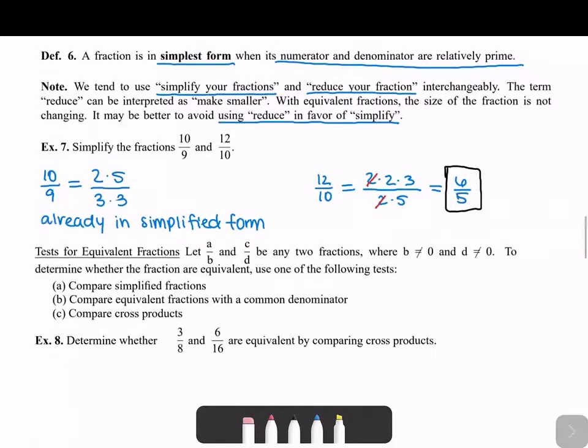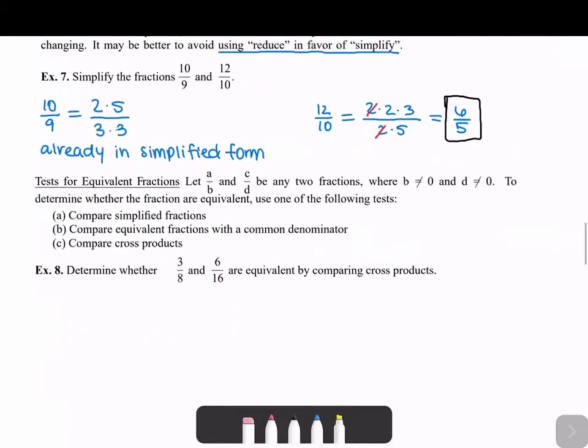Now let's look at some tests for equivalent fractions. If we have a over b and c over d as two fractions, we can do some different things to compare the value that they represent. The first thing we can do is compare their simplified fractions.